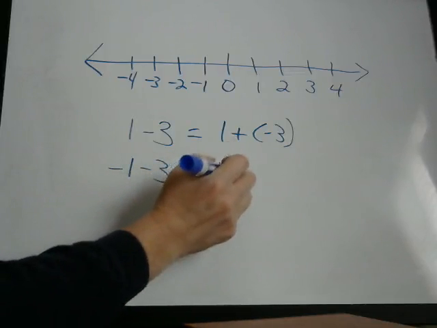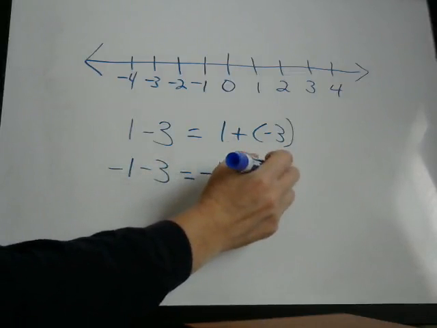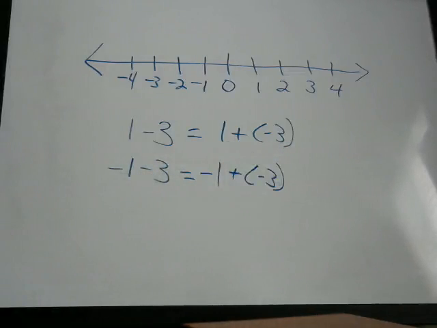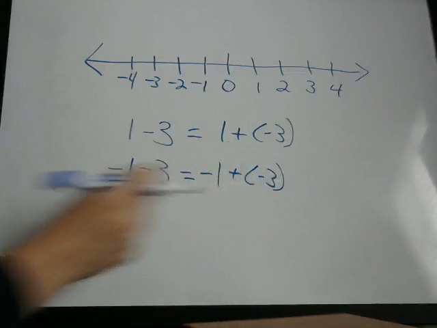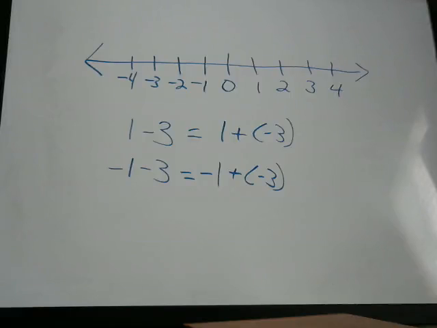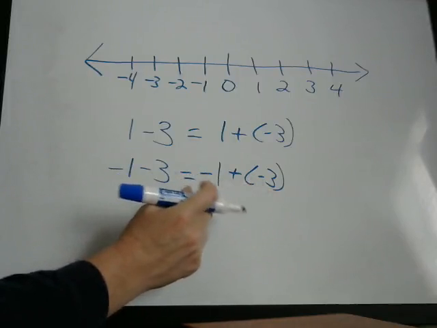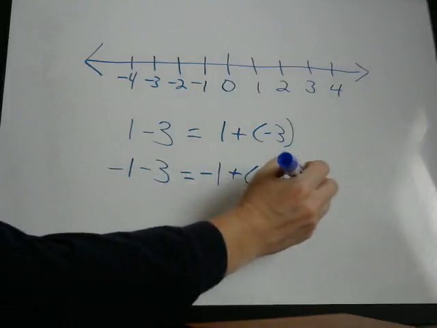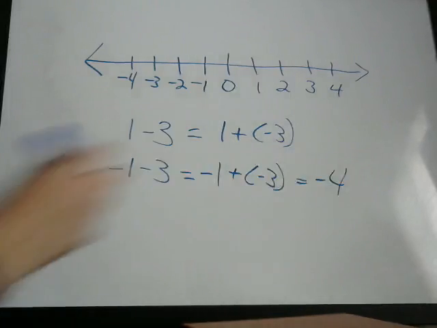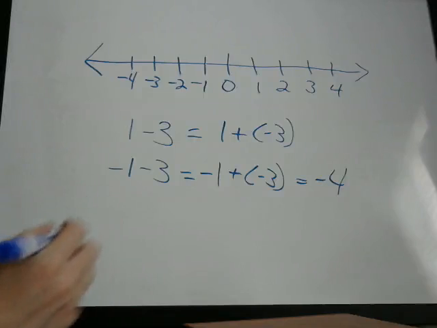You can think of negative 1 plus negative 3. When you're adding two negative numbers, you just add them up and put a negative sign in front of it. So you have two negative numbers that you're adding. So it's just 1 plus 3 is 4, but you're going to put a negative sign in front of it.